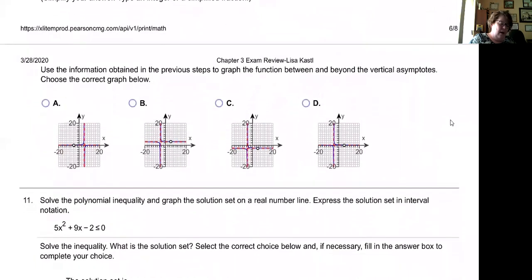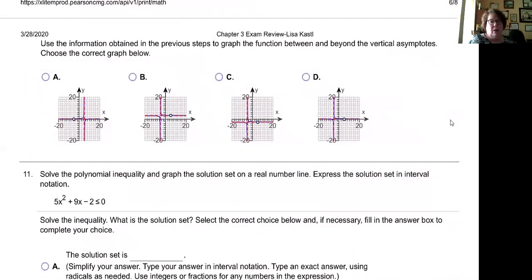All right, now last but not least, which of these 4 is the graph? Using all the information that you had from above, you can determine which one of these is the correct graph. It cannot be A, because the vertical asymptote is at x equals 5.